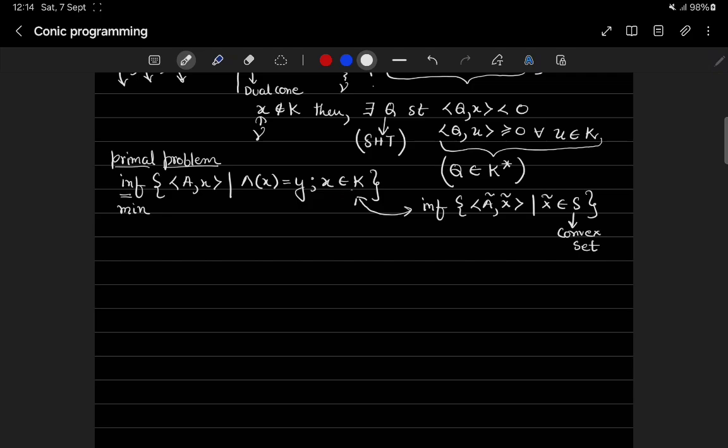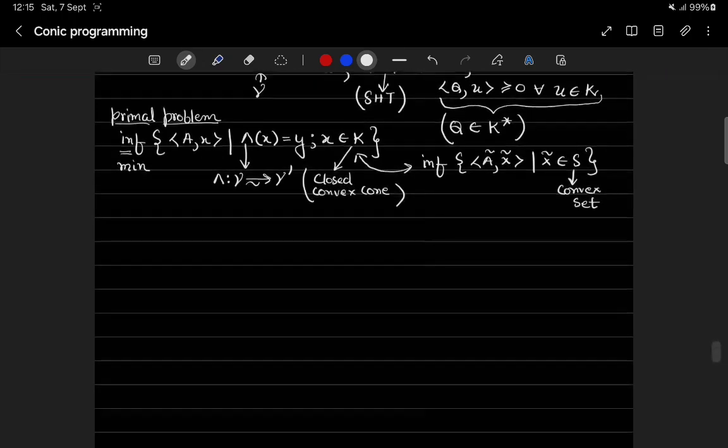This is a more general way, in the sense that S is just a convex set, but here K is a closed convex cone, and this lambda is a linear map. So lambda goes from V to V prime linearly. And now with this we have the primal problem, and let's define the primal feasible set also.